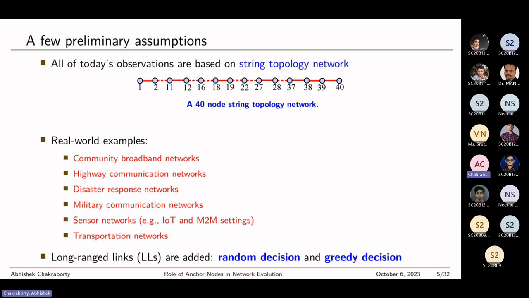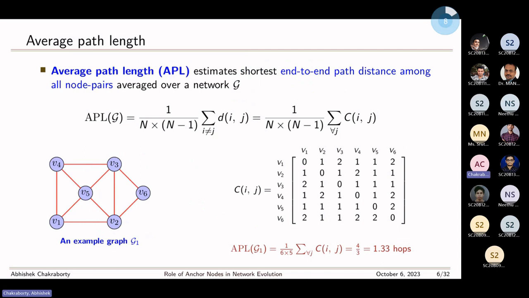So for this study, we have taken average path length as the characteristic which we will be greedily optimizing. For the rest of our discussion, whatever results or graphs we show, everything will be implemented just to optimize the average path length of a network.